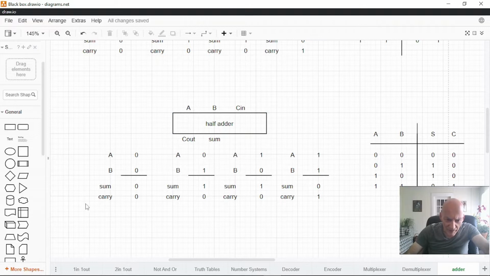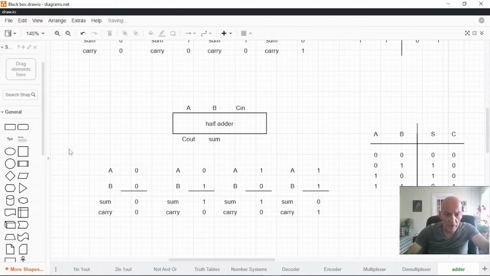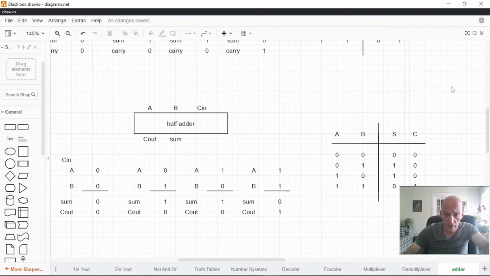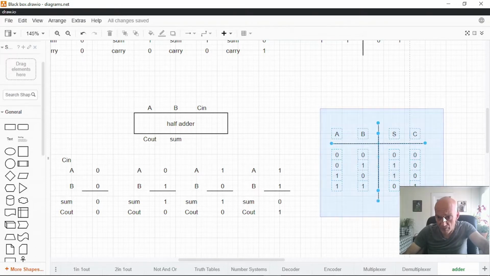That means I'll move these down so that I can add another input up here that is going to be our carry in, and I'll fix these and call these carry outs.